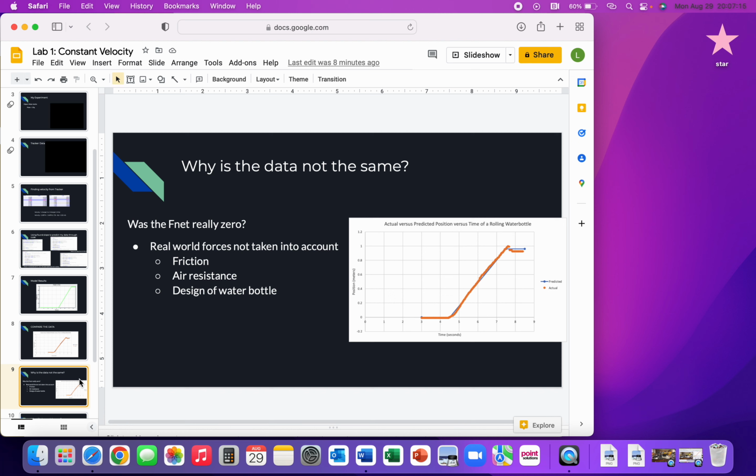In a lot of physics problems, we don't take into account friction or air resistance, and these forces can play a big role in real-world examples. Also, the design of the water bottle could have a bend in it or a dent, so it would not roll perfectly smooth.